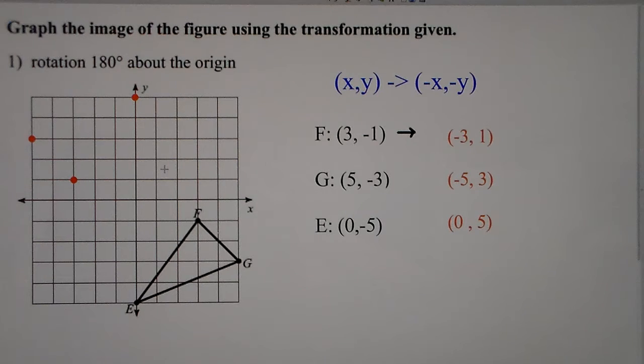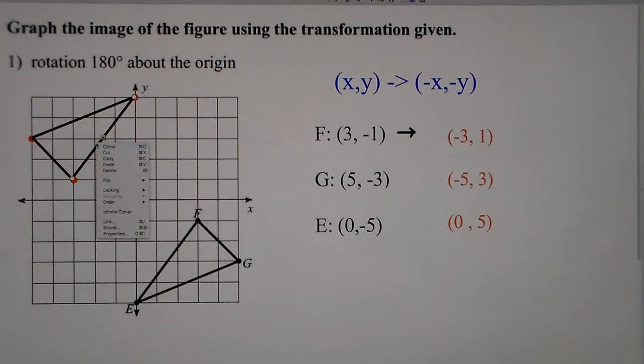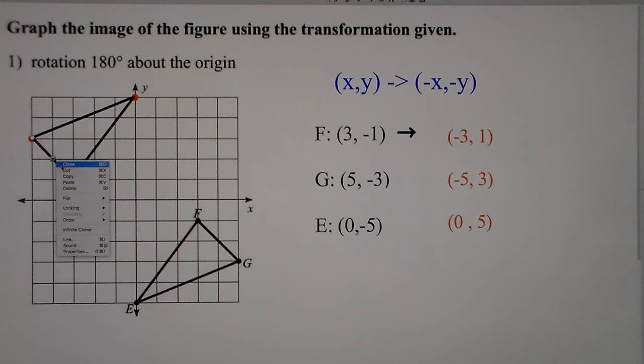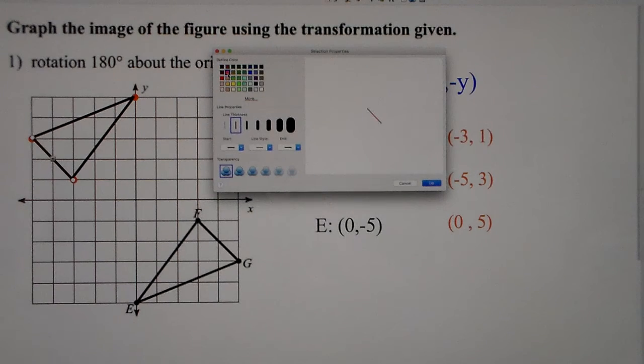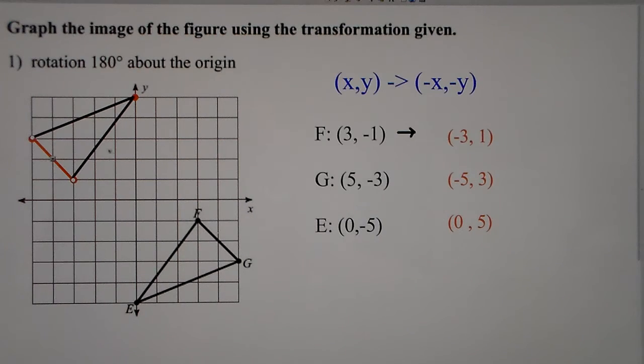You then want to connect the coordinates. Just like that. Now we're going to have ourselves our prime triangle.